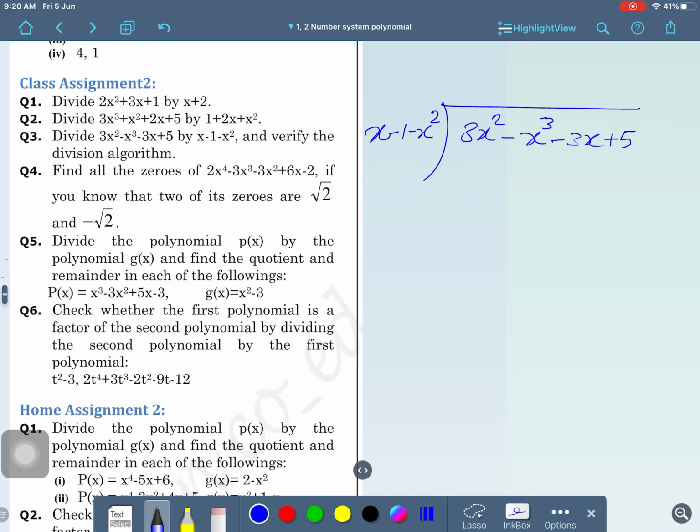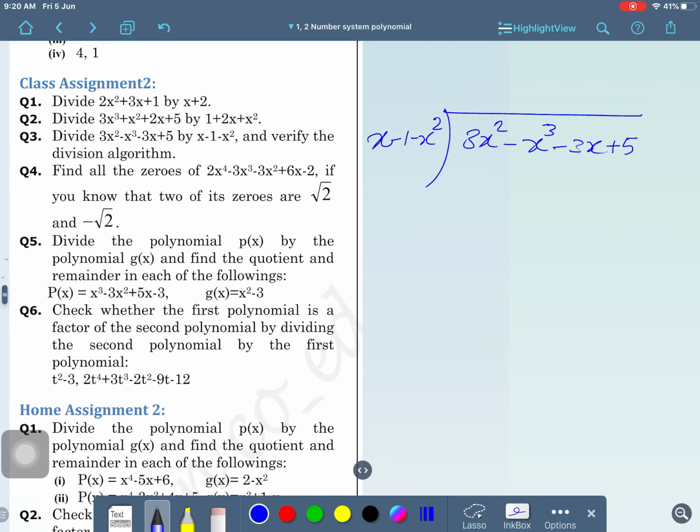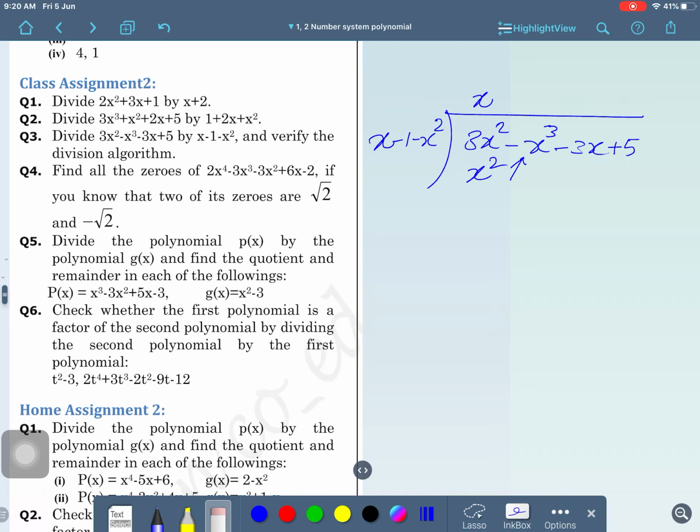Minus 1 divided by, here what is the coefficient? This is the highest degree term. Minus 1 divided by minus 1, what will come here? 1. 1 is not written as a coefficient, the degree difference is x, only x is to be written here. Now x into x is x square. Is that clear or not? Now next, x into 1 is x, 3x is to be, x is here.